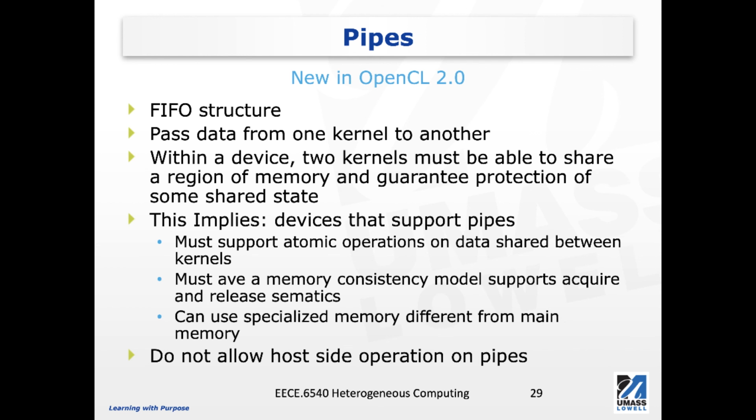This implies that devices that support pipes must support atomic operations, because these FIFO operations have to be atomic. They must also have a memory consistency model that supports acquire and release semantics. They can use specialized memory different from the main memory. And currently we do not allow host side operations on pipes.